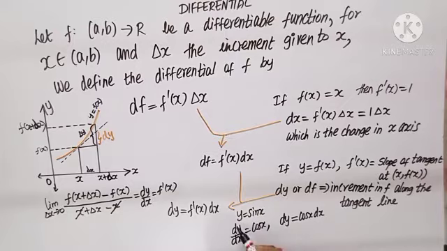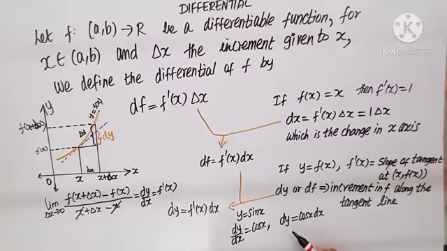Remember, this I call dy by dx, or derivative of y with respect to x. Change in y with respect to x. That is cos x. But if I say dy alone, I call it as differential.